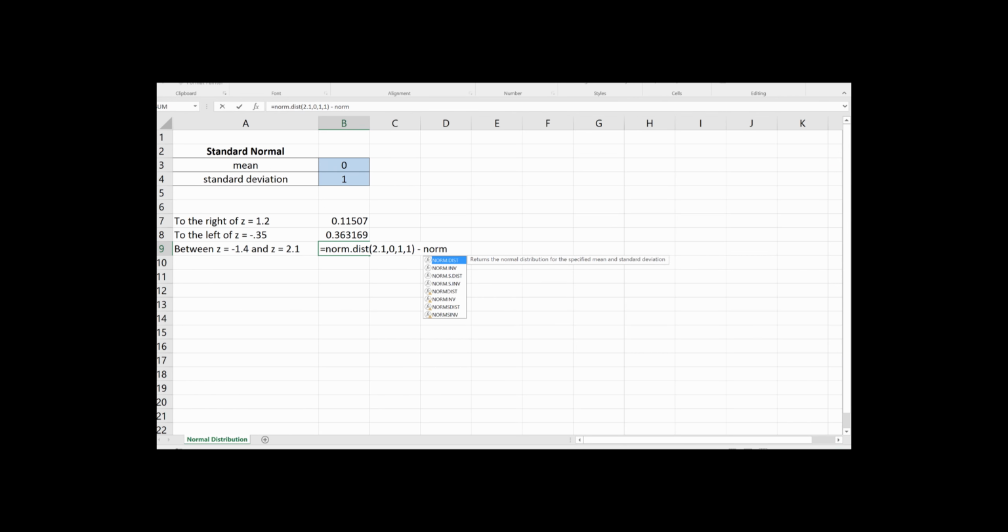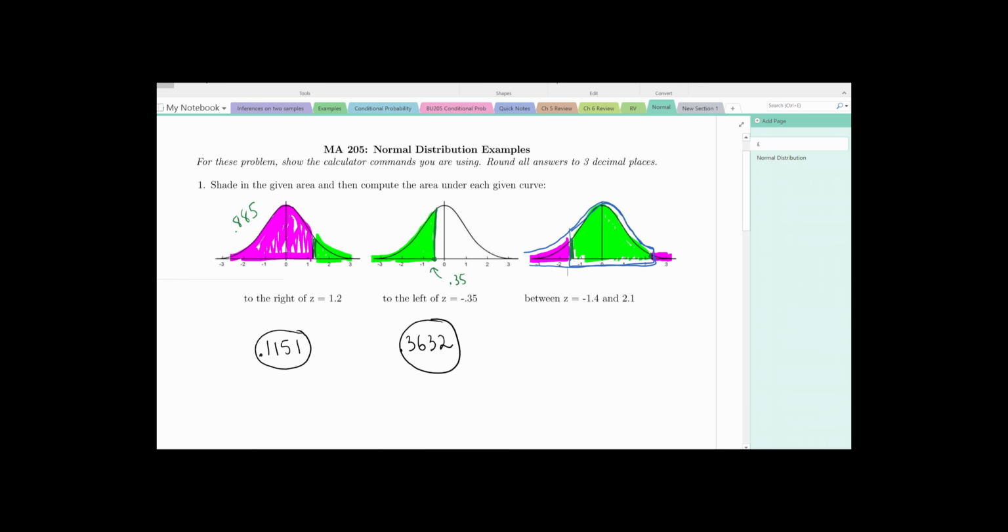So normal distribution, negative 1.4, mean is 0, standard deviation is 1, still cumulative, and that's my answer. 0.9014.